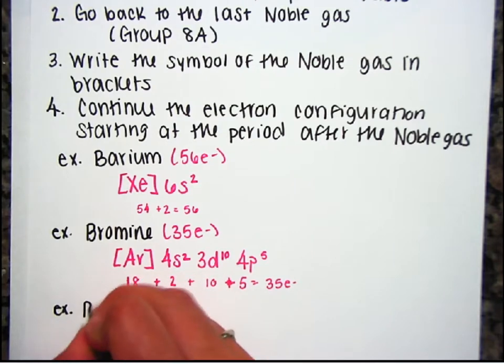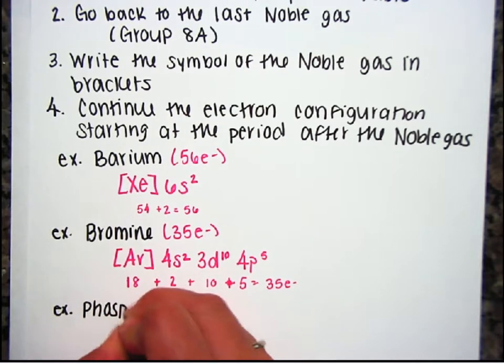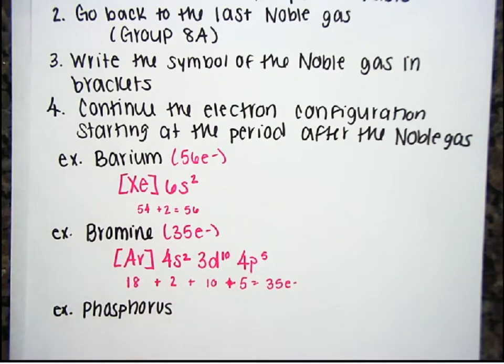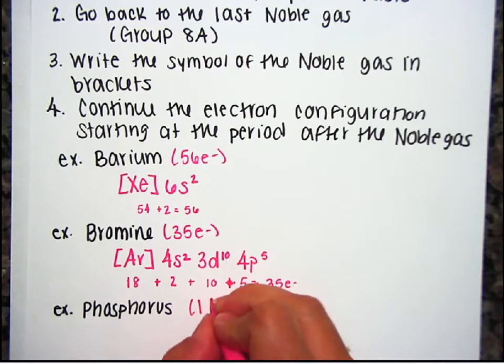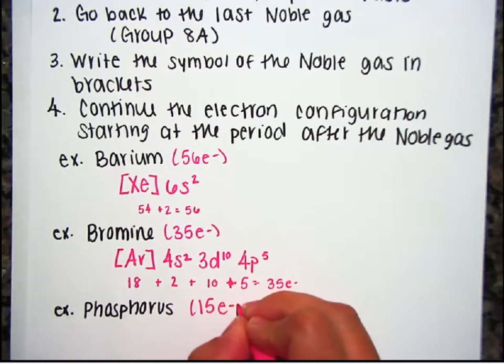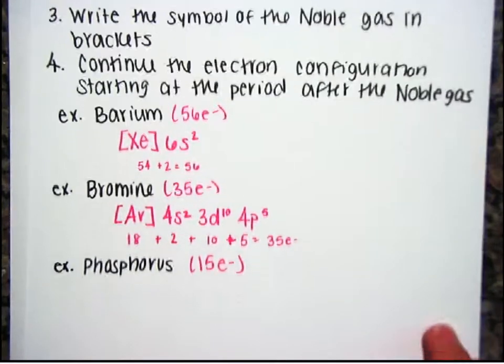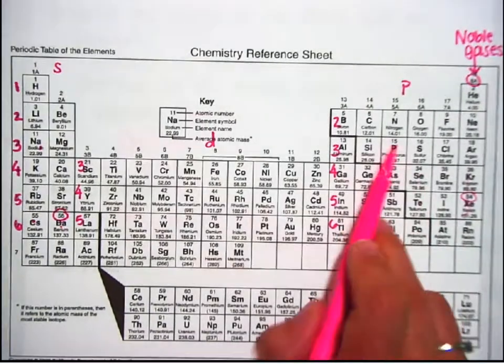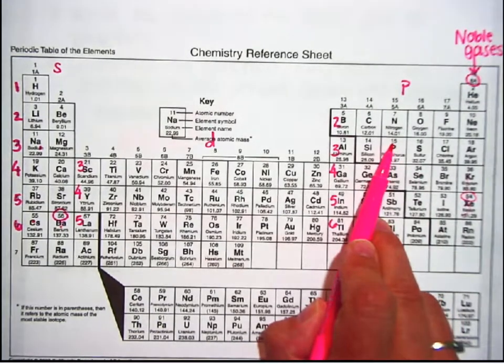Let's do phosphorus. Phosphorus is atomic number 15, so it has 15 electrons. So again, step 1, find phosphorus on the periodic table. Step 2, work backwards.